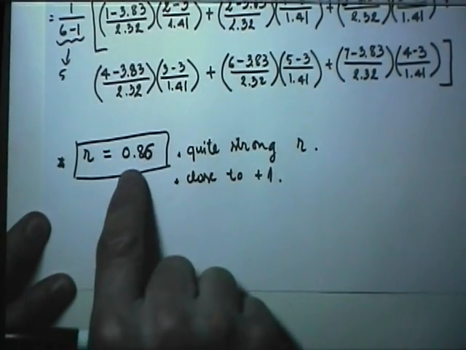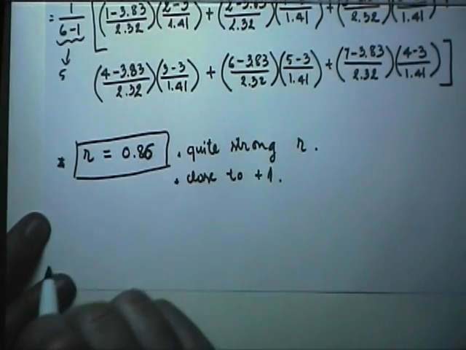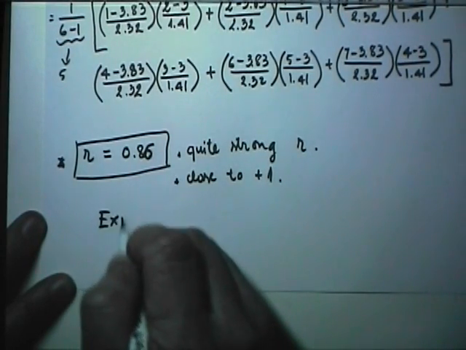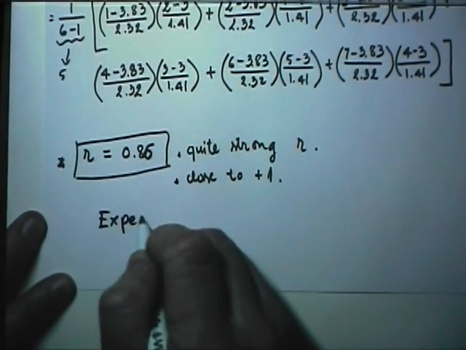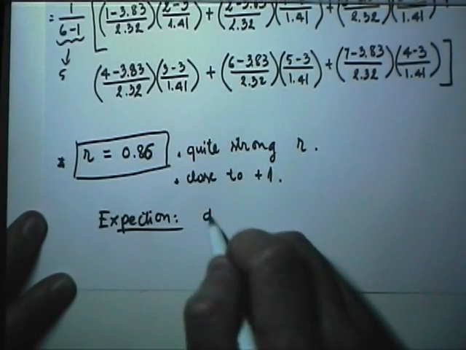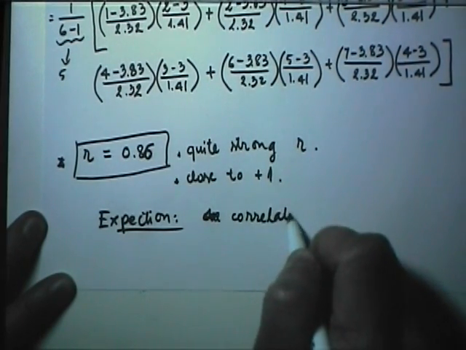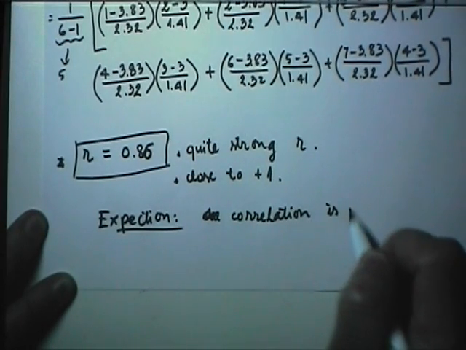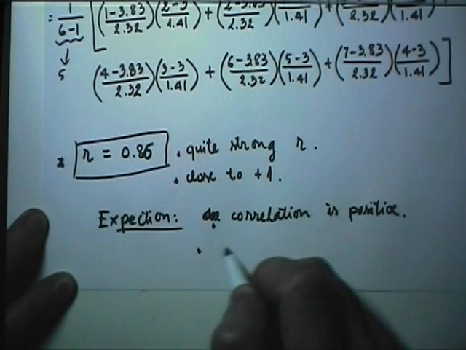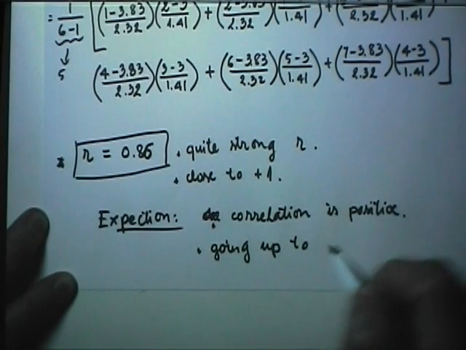The whole point of this r is something I'm going to demonstrate later with a graph. But for now, the expectation from this correlation coefficient is that the correlation is positive, or you can think of it as the data going up to the right.